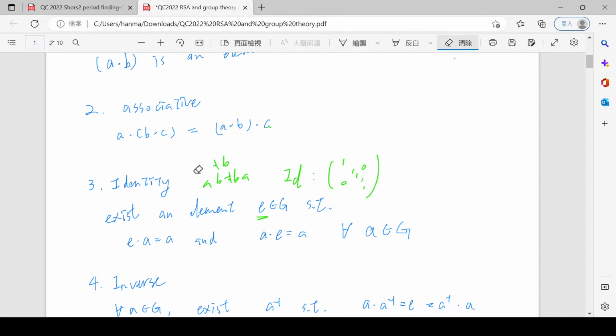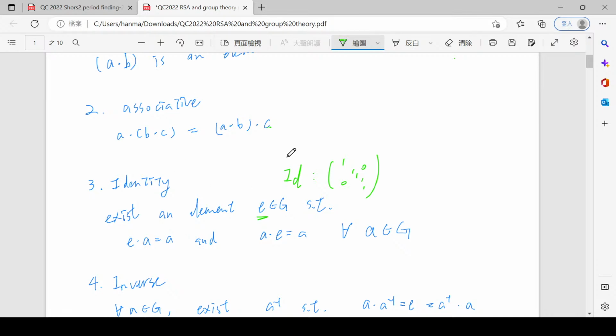But anyway, identity needs to satisfy that either you multiply on the left or multiply by the right, it should give you back the same element. And yeah, so that's identity. Whatever thing multiplying with the identity should go back to the same thing. So every element A in G, you multiply it with identity to the left, you go back to A. You multiply identity to the right, you go back to A.